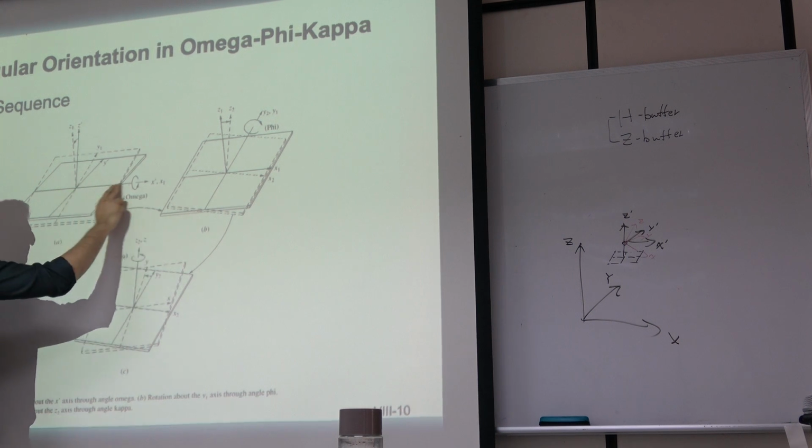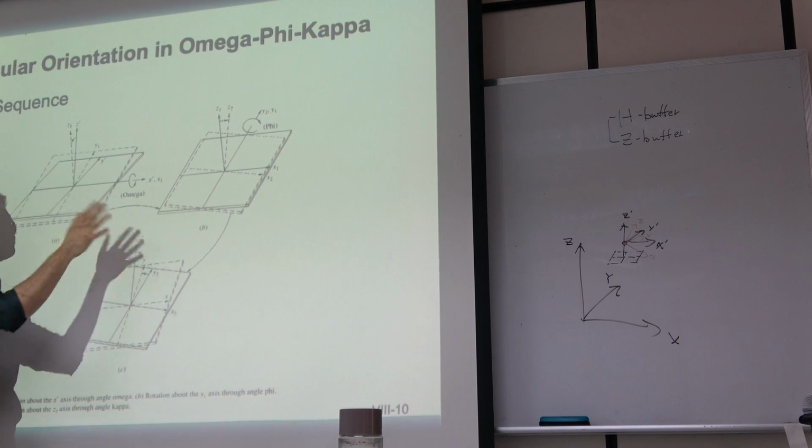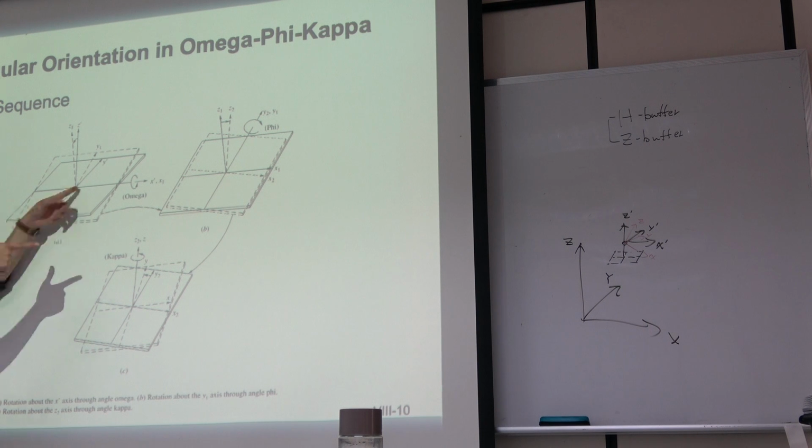So the x coordinates don't change, and only the y and z coordinates change. In this case, you can simplify it to a two-dimensional rotation in the y-axis and z-axis. So it becomes a two-dimensional rotation.